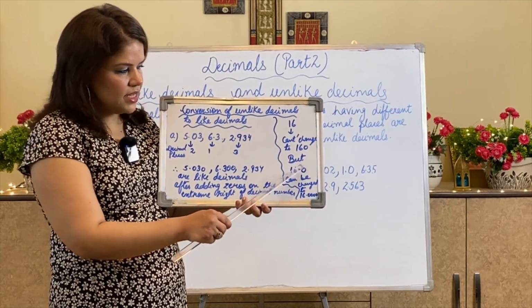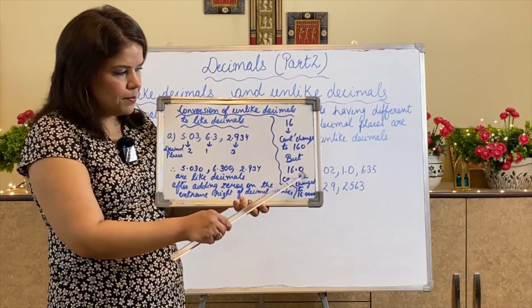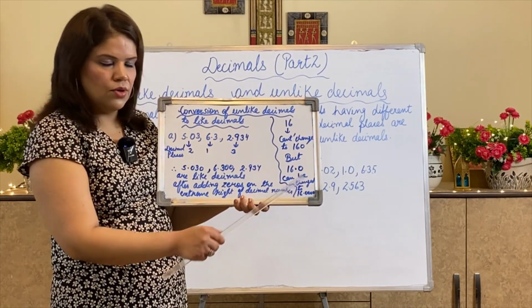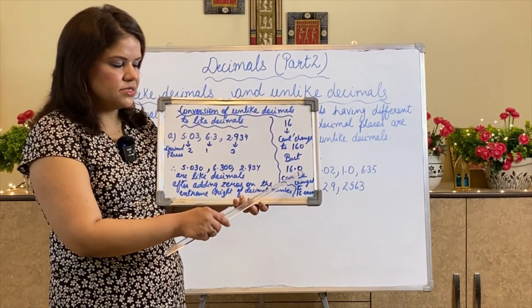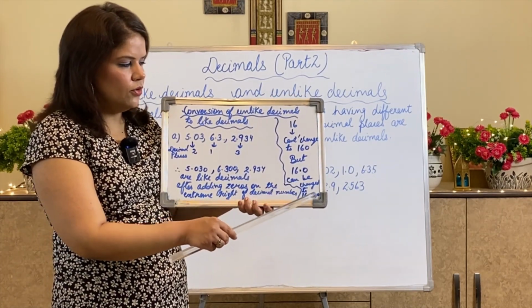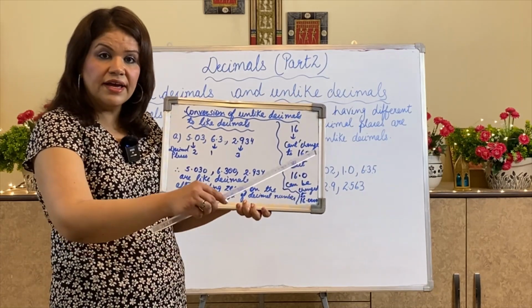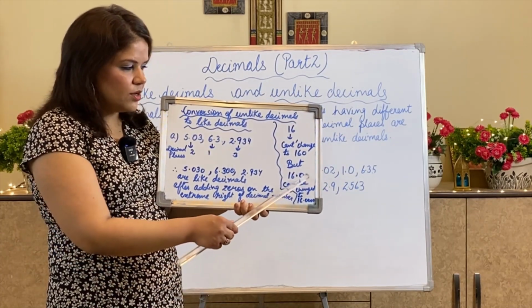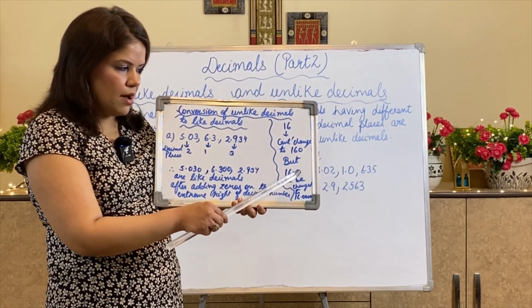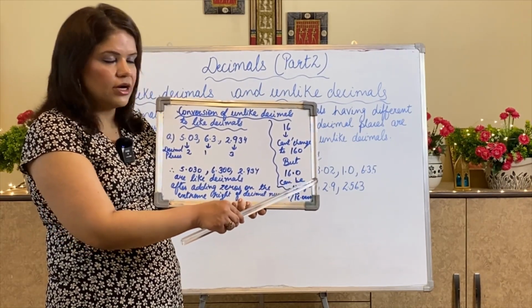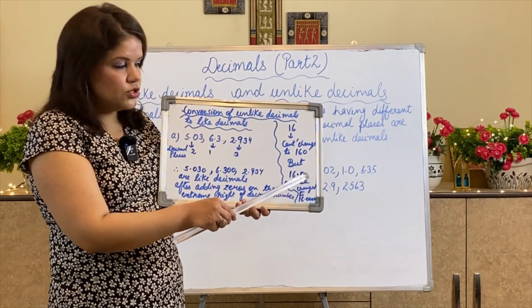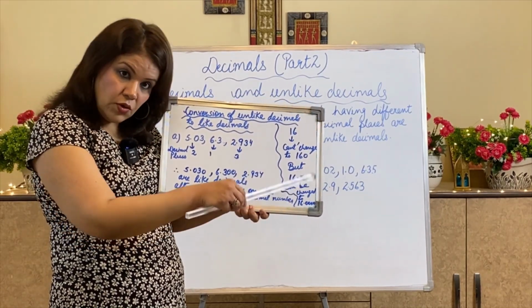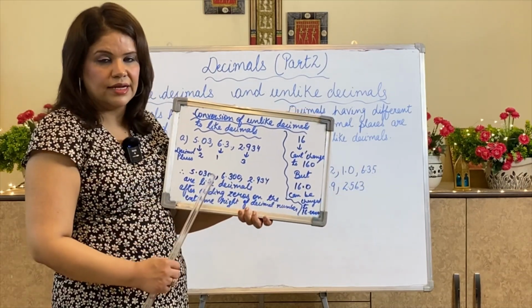16.0 can be changed to 16.000. How many decimal places have I changed, from 1 to 3, after adding zeros towards the extreme right of the decimal? Extreme right means after whatever number we have here, you will write 0. First you see the number after the decimal and where it is ending, then you add zeros to make it like decimals.